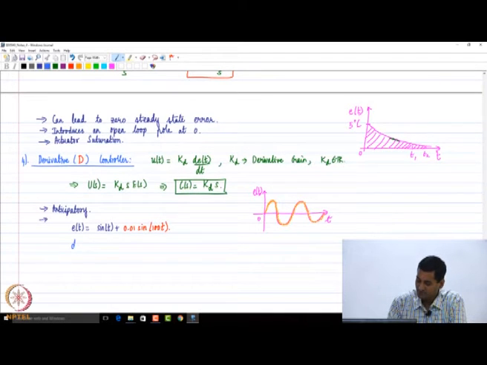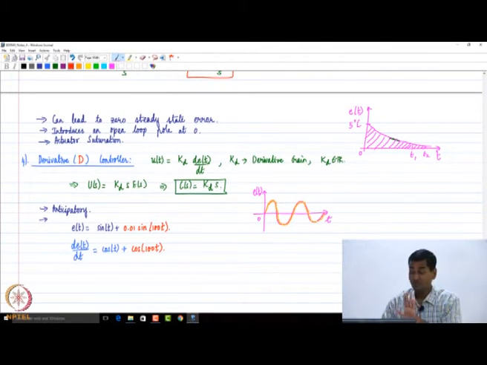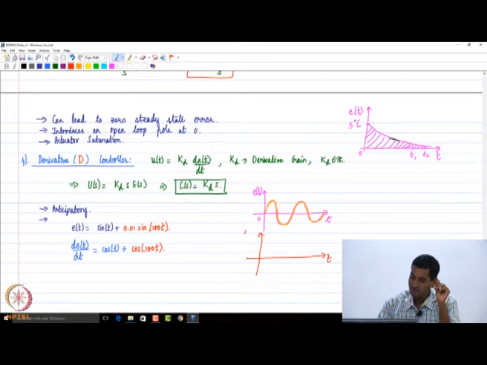Now, let's say you take the derivative of this. You will get cos t plus, what will happen to the other term? You will get cos 100t. So what should have been my derivative signal in the ideal world? It should have been only cos t, which will be like this.